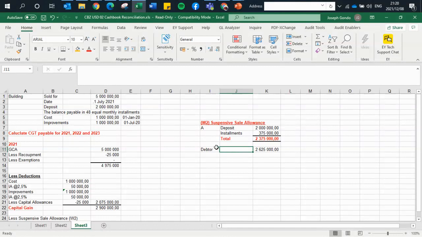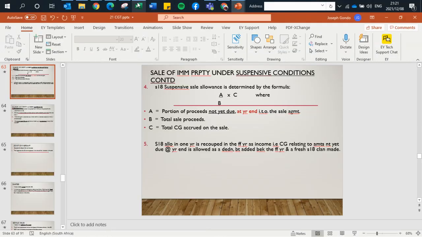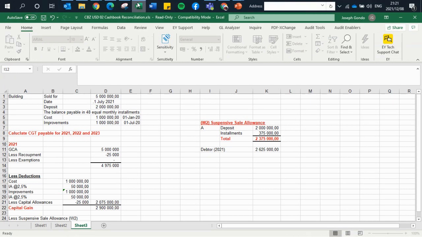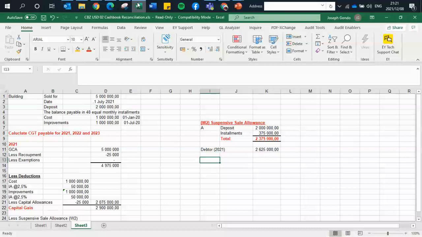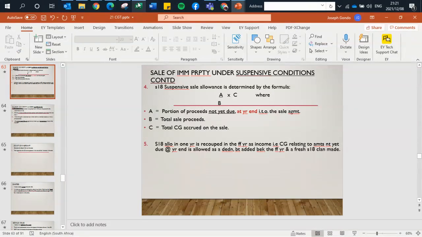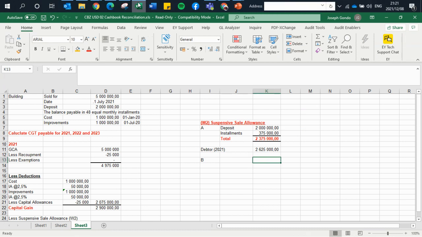This is the balance that we have, and that is our A, because here we said A is the portion of the proceeds not yet due at the end of the year. So this 2.6 is not yet due. Okay. What about our B? Our B, we said B is total sale proceeds. Sale proceeds is how much? It is 5 million.